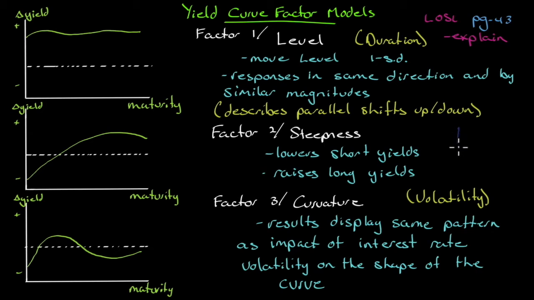And they said, well, what we have here seems like the yield curve looks like this and then suddenly changes to this. What happens is the short rates tend to drop and the long rates tend to increase, and that looks like what's going on here.